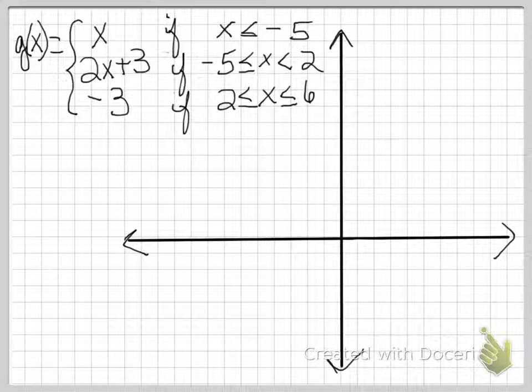The last equation, g of x is equal to x. That is the equation y equals x plus 0, 1x plus 0, which is the origin. And we're going to go up 1 and over 1. But look at the restriction. The restriction is -5. So I'm going to go ahead and make my border.